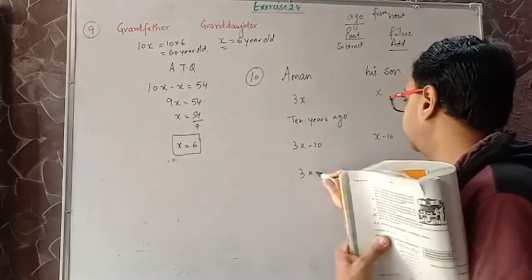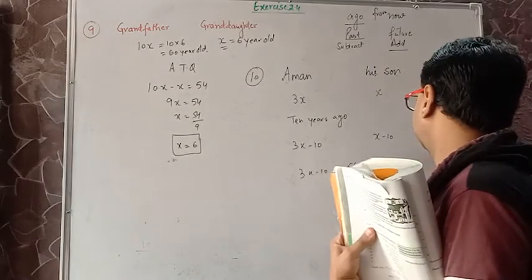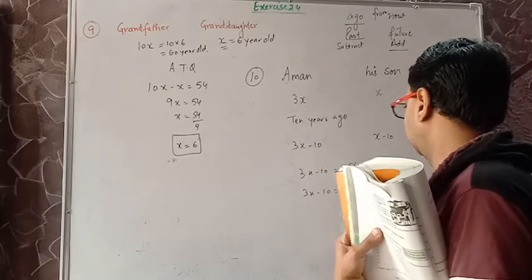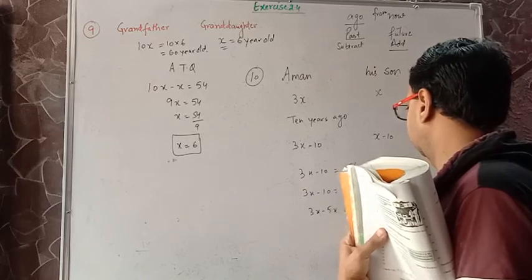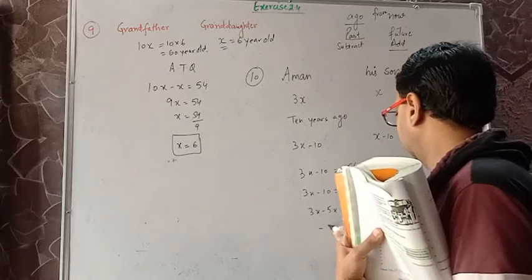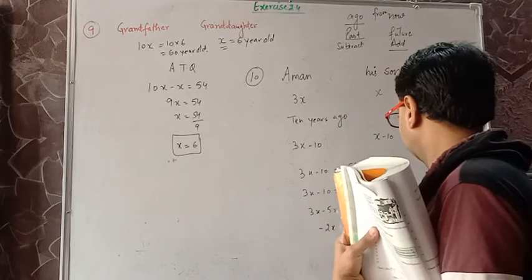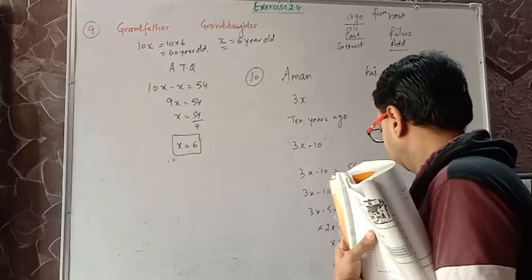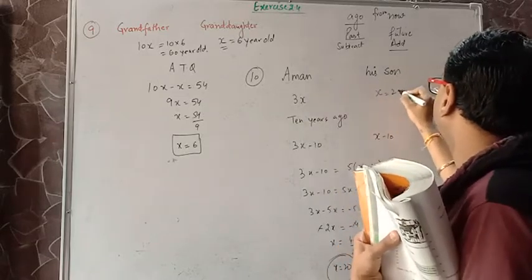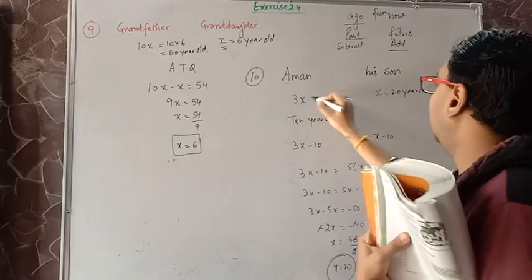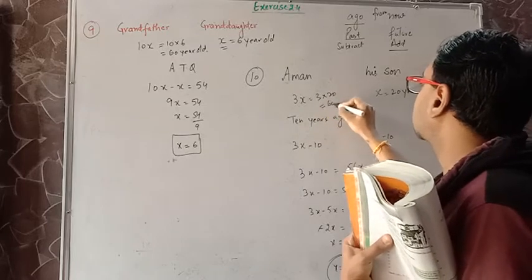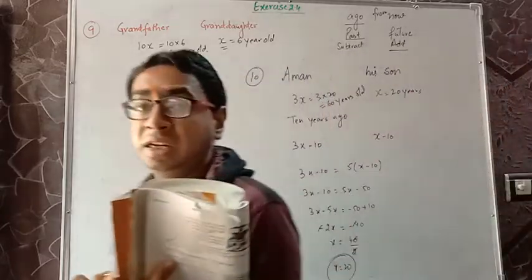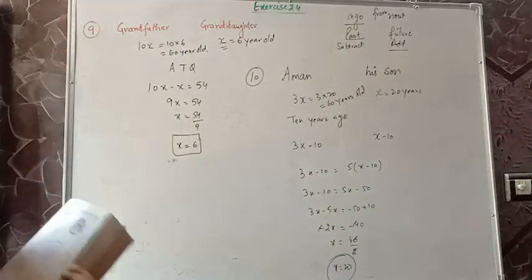So therefore, son's age is 20 years, and so Aman would be 60 years old. Are we clear with the question? Any doubt with the question? Very easy question to understand.